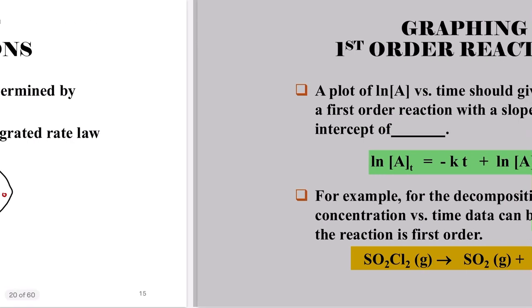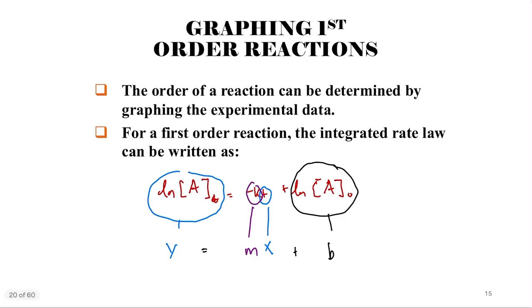And so what does that actually mean when we're plotting something like this? Let's say you measure the concentration of 0.2 molar at some time. Your data point, when we're plotting it, is going to be the logarithm of 0.2 plotted versus 10 seconds, let's say it was after 10 seconds.